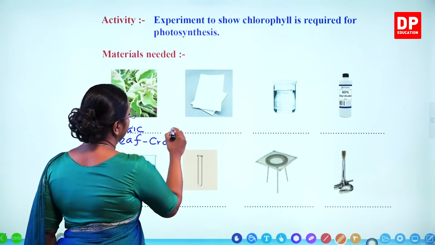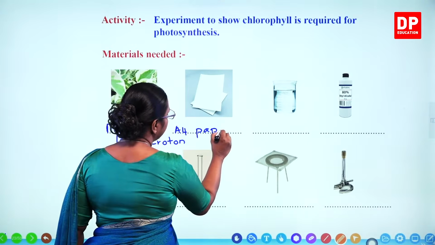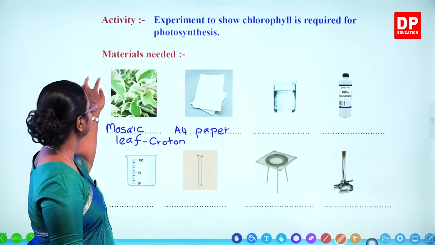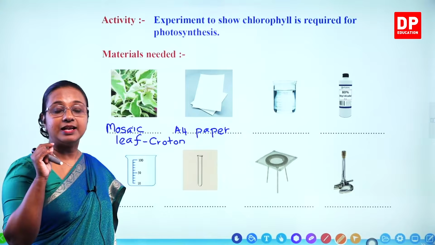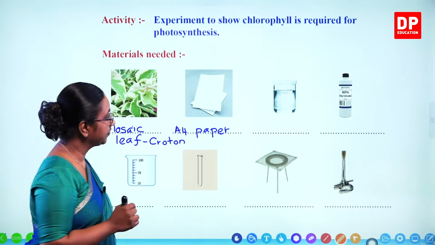Then we need A4 paper or any white paper on which you can sketch or draw the shape of the leaf and mark the regions that are yellow in color and that are green in color.